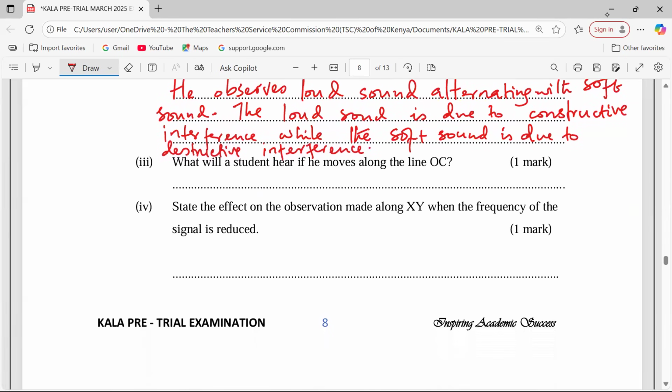What will a student hear if he moves along OC?